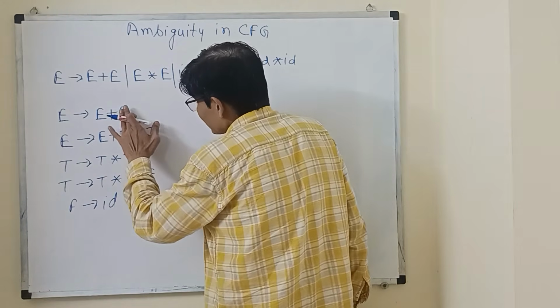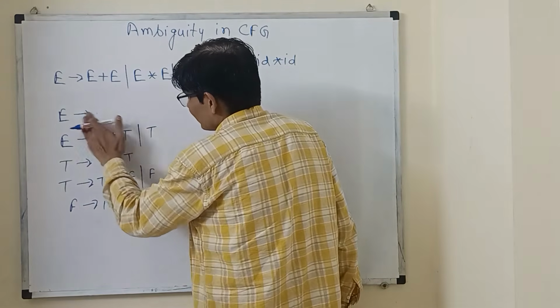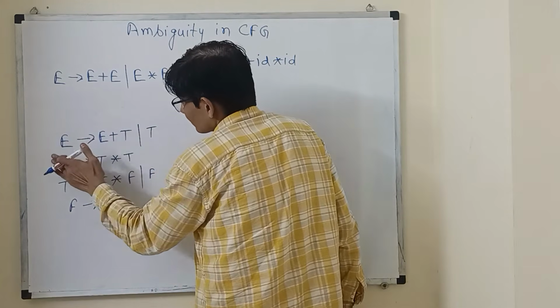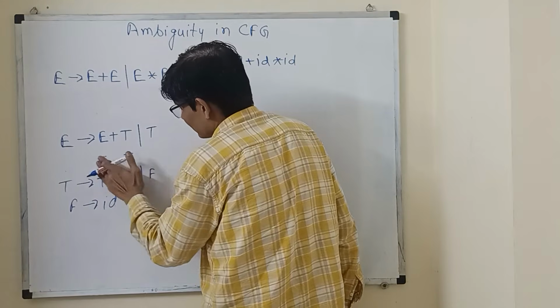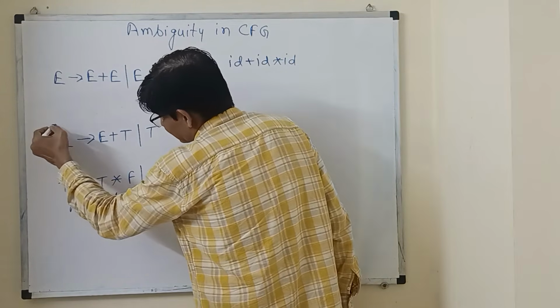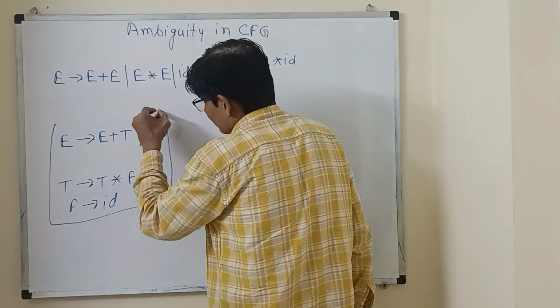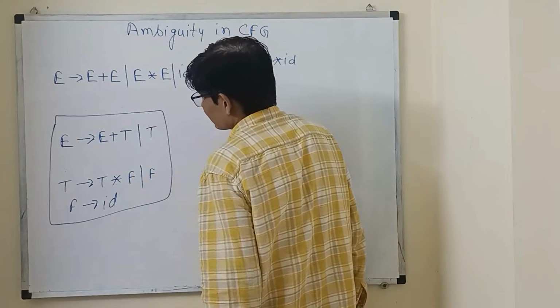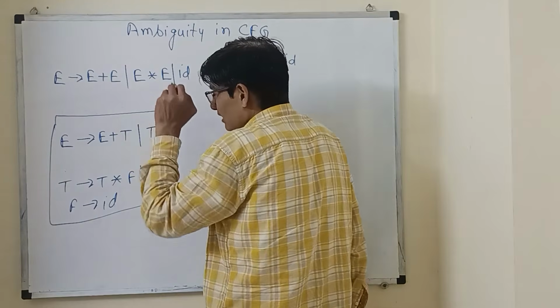So now we can remove these two productions from here, and now this is the grammar which is unambiguous and equivalent to this grammar.